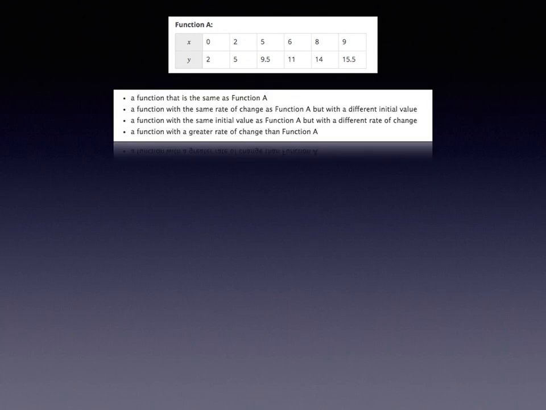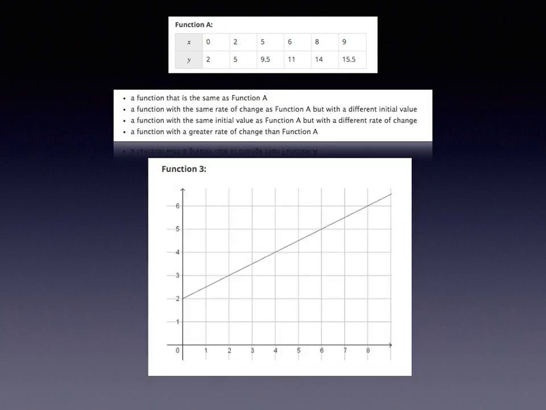Function 3 was a graph, and so I had to look at it a little bit differently. I did notice right away that you can see the initial value pretty easily. The initial value is 2, which is the same initial value that function A had. To find the rate of change, remember I needed to find how much y changes when x increases by 1. And I saw that from this point to another point on the graph, x increased by 2.